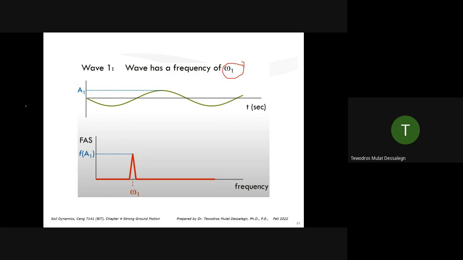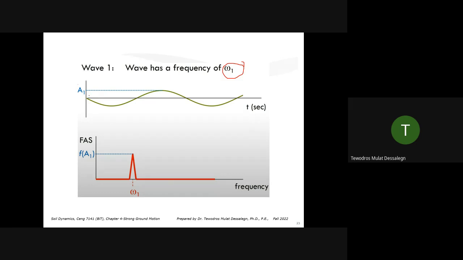If you have a wave, let's say an acceleration time history, which is periodic, then we know the period, we know the frequency of this, or we know the circular frequency of this. Let's say it's omega 1. In the Fourier amplitude spectrum, all this motion is represented by a single point, which is omega 1.